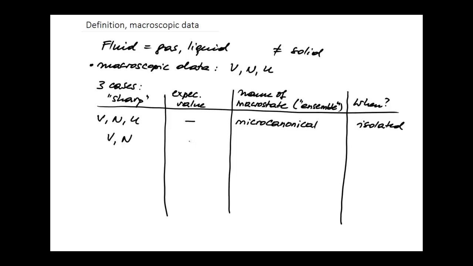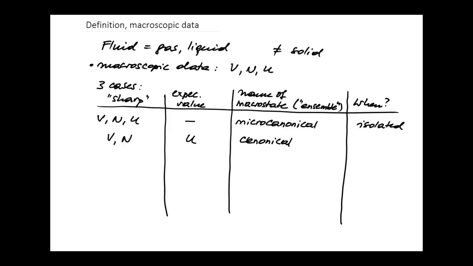A second case is the case where the volume and the particle number are given as sharp values, but the energy is given only as an expectation value. This is a case that we've already encountered in various examples, and the macrostate that describes such a system is the canonical state.